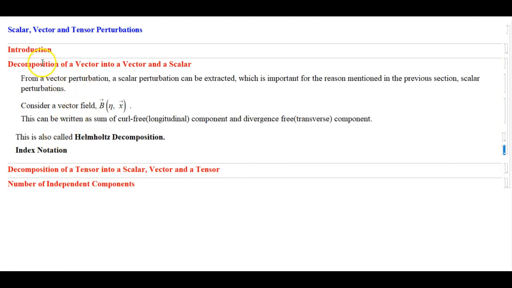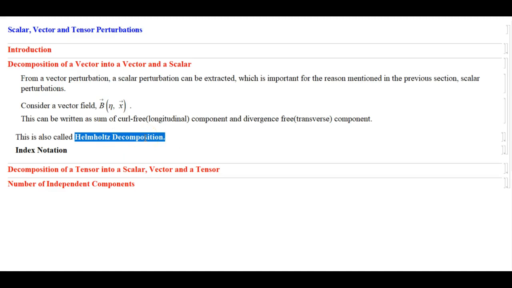And this decomposition of a vector into another vector and a scalar is based upon Helmholtz decomposition, which you know from vector calculus. In this lecture, I would only mention the high level features of this decomposition, which are relevant for this course.